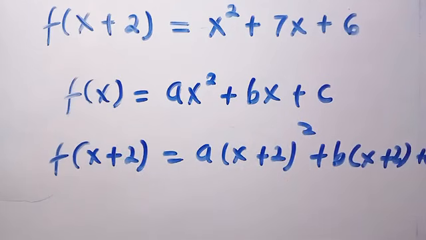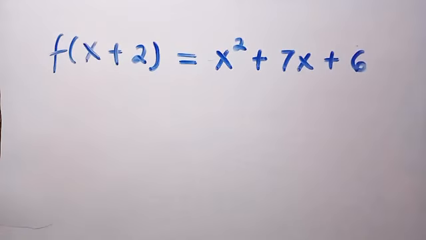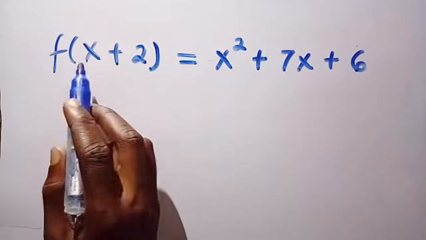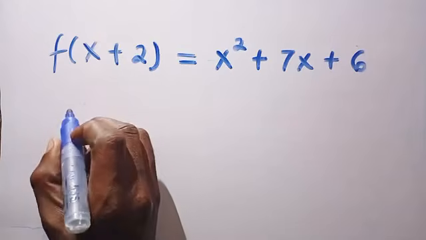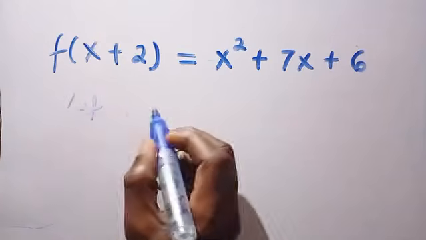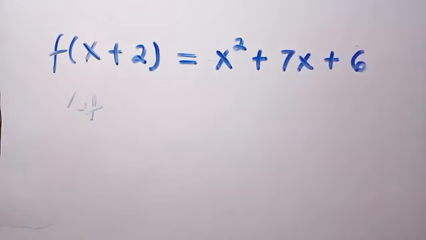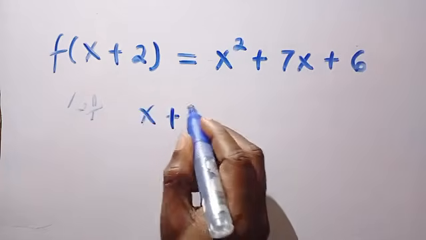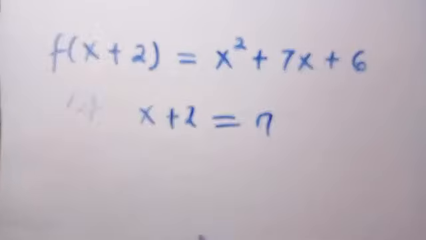And here is the simple trick that we can use. In this one, we are going to be applying the substitution method. Suppose I replace x plus 2 with another letter, say I choose letter n, we are going to have x plus 2 equals n.